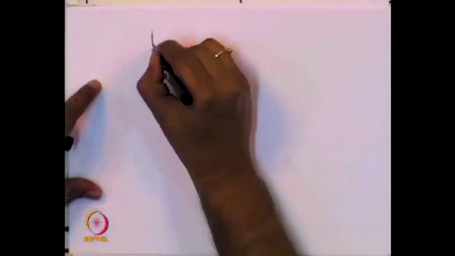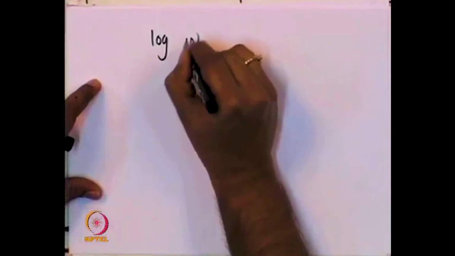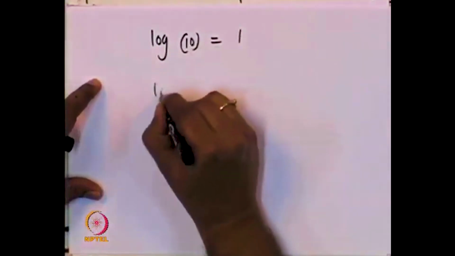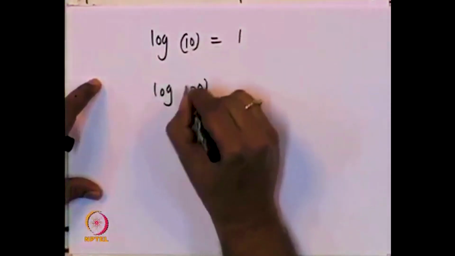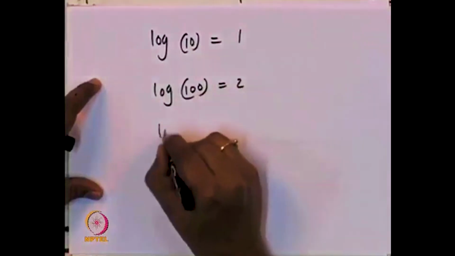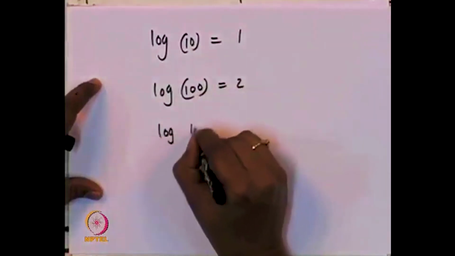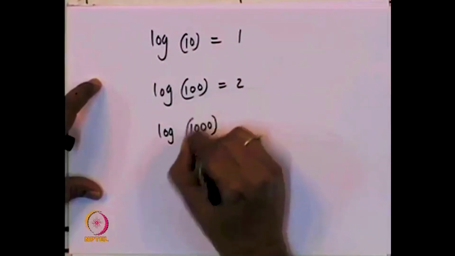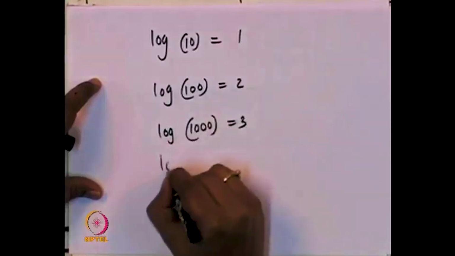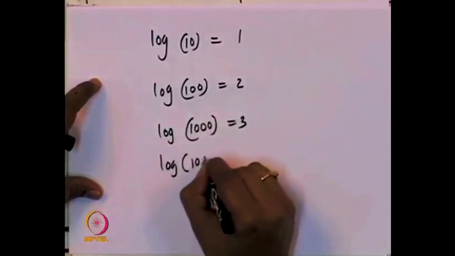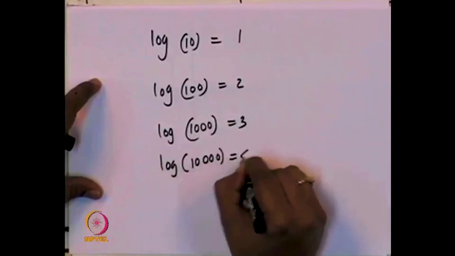The log of 100 is just 2. So, let us write the log of some huge numbers. The log of 10 is 1, the log of 100 is 2, the log of 1000 is 3, the log of 10,000 is 4.